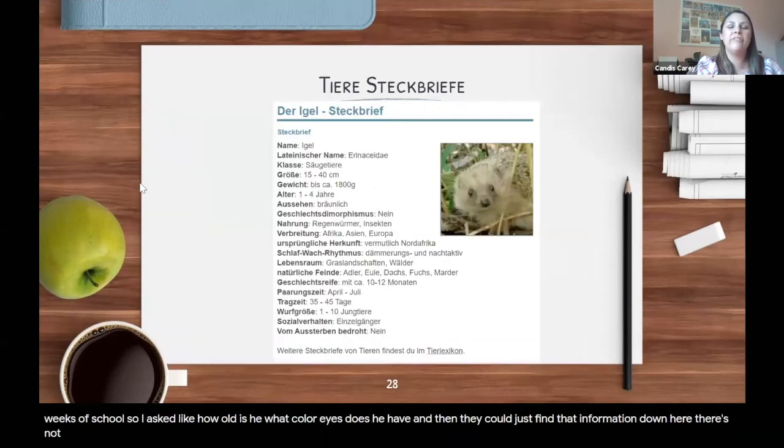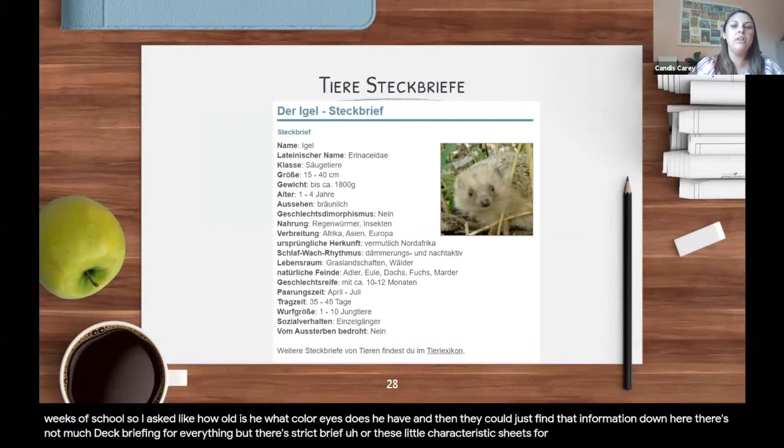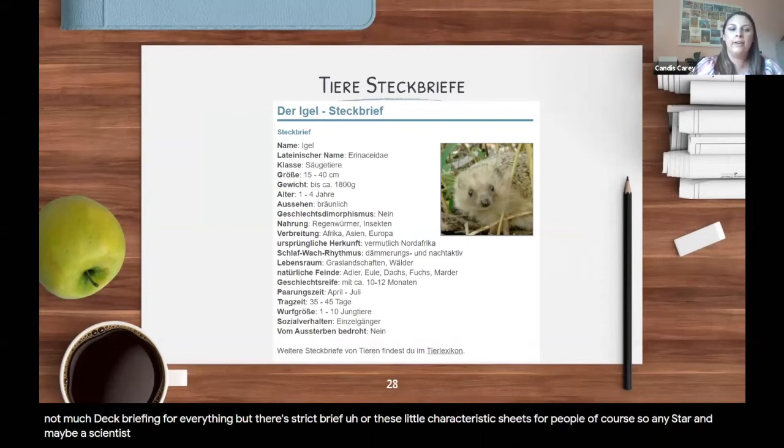There's not Steckbriefe for everything, but there's Steckbriefe or these little characteristic sheets for people, of course. So any star and maybe a scientist, you know, famous people. There's these characteristic sheets for animals. So this is one for hedgehog.